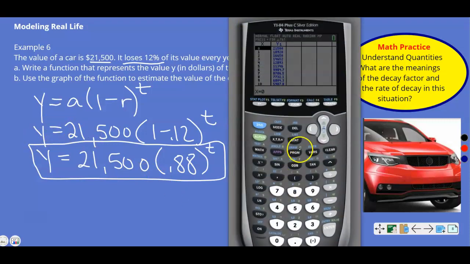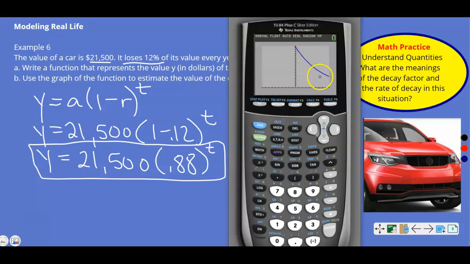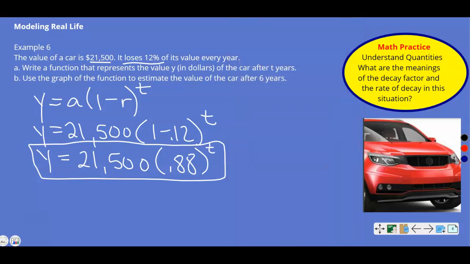All right, I went ahead and graphed this because we're running out of time here. So show the graph. It's kind of hard to see what that value is, but if you go to your table of values and you come down here where it says 6, that's 9984, so that's getting very close to $10,000. So it says estimate the value of the car. So it would be about $10,000 after 6 years.